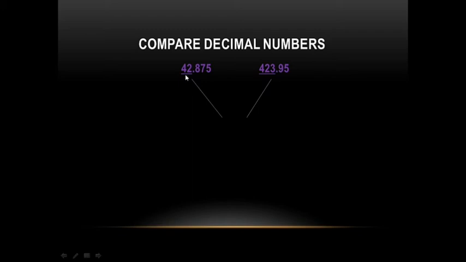It means here we have to compare the whole part, not the decimal part. So in the whole part comparison we notice that 423 is greater than 42. It means 42.875 is less than 423.595.